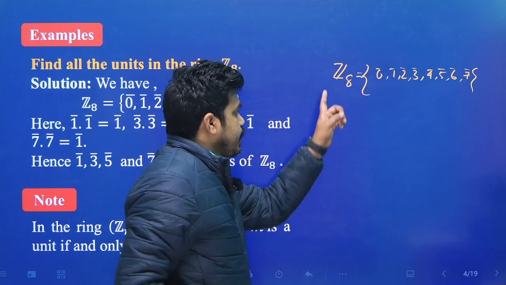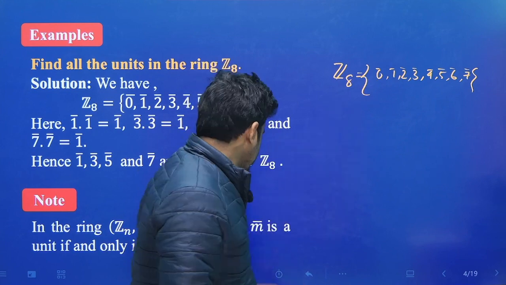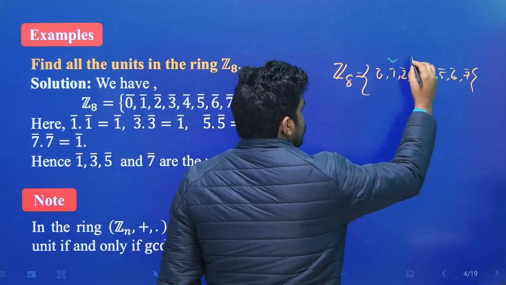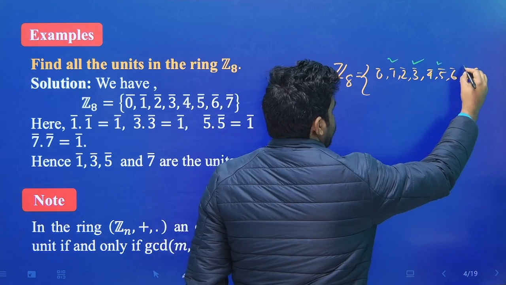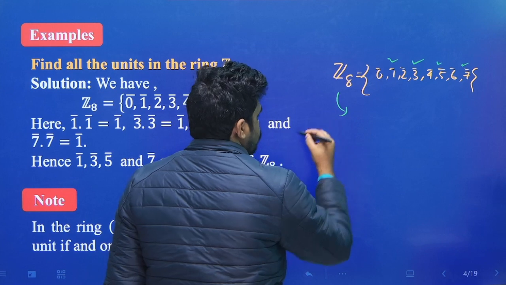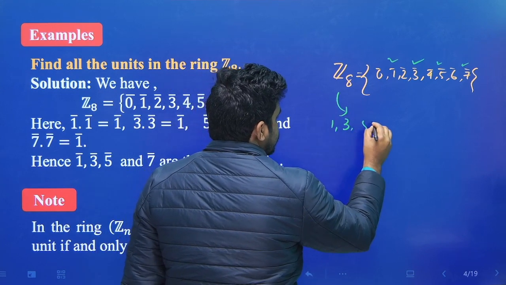Let's see which of these numbers are prime to 8: 1, 3, 5 and 7, right? So what are the units of Z8? The units of Z8 are 1, 3, 5, 7.